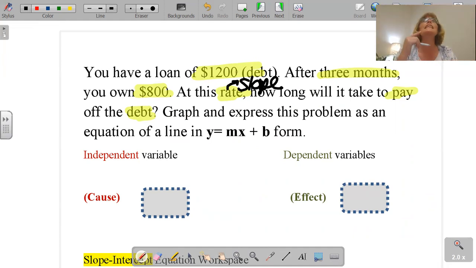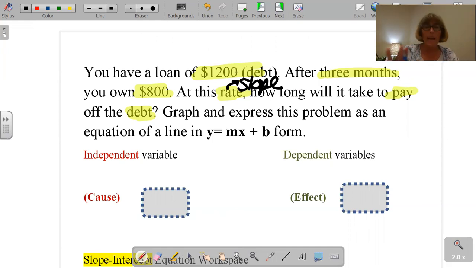Effect is the dependent variable. Here's a common cause and effect. When a pot of water is heated up to 100 degrees Celsius, it starts boiling. Here's your fire. The cause is the temperature, the effect is the boiling point.